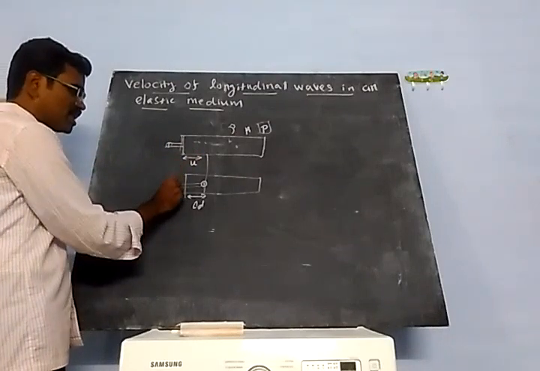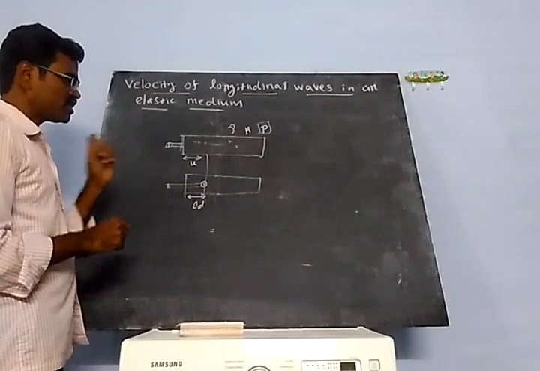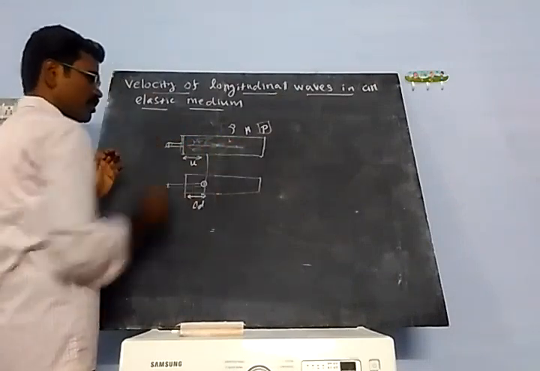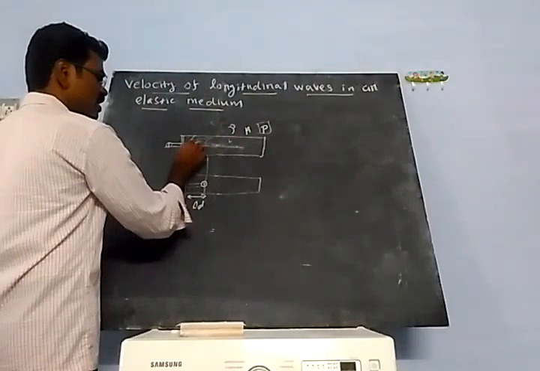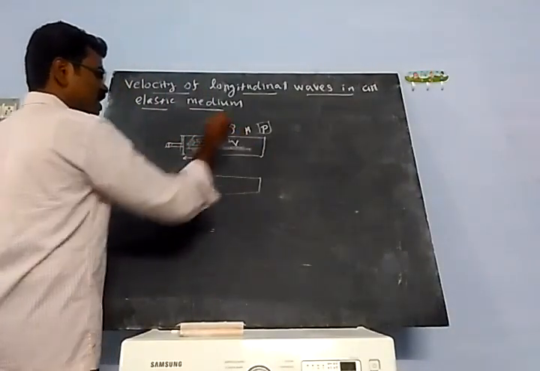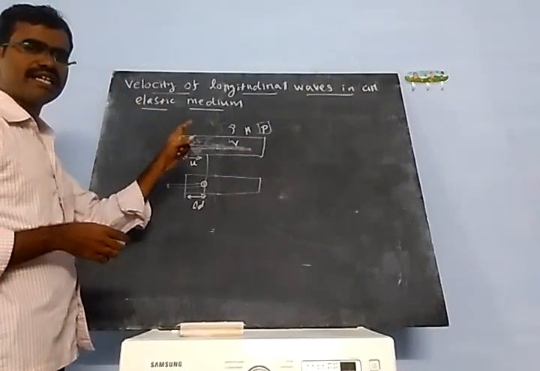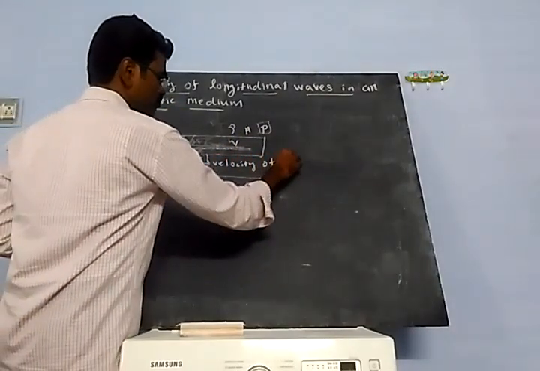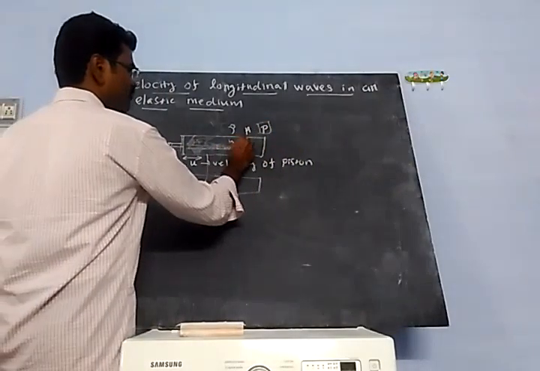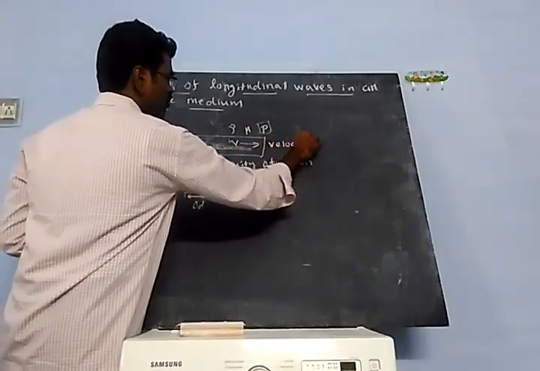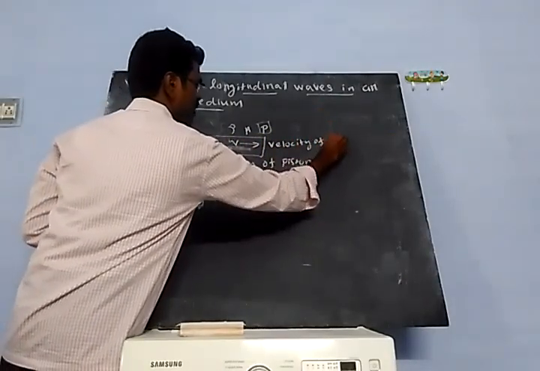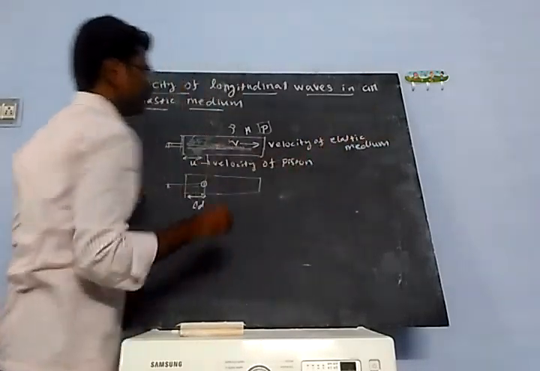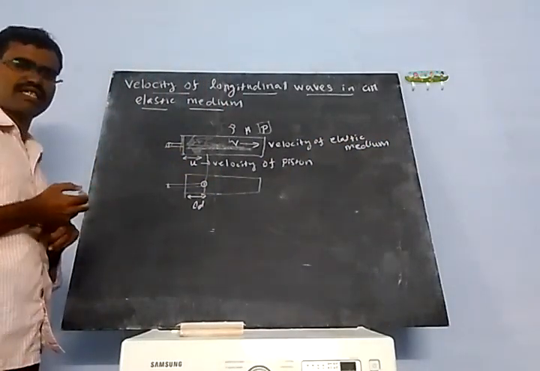U is the velocity of the piston. The elastic medium is also moving, and that velocity is V. V is the velocity of the elastic medium and U is the velocity of the piston.